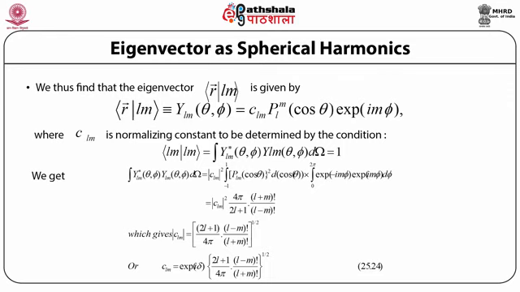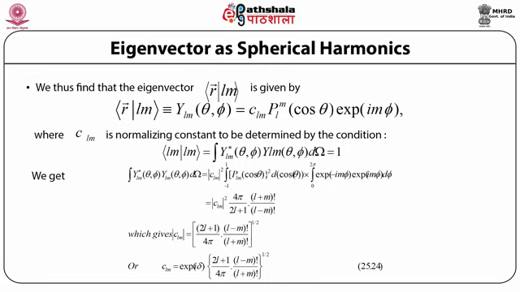This gives us the final result as the integral of y lm theta phi star y lm theta phi d omega equal to modulus of c lm whole square times 4 pi by 2l plus 1 times L plus m factorial upon L minus m factorial.